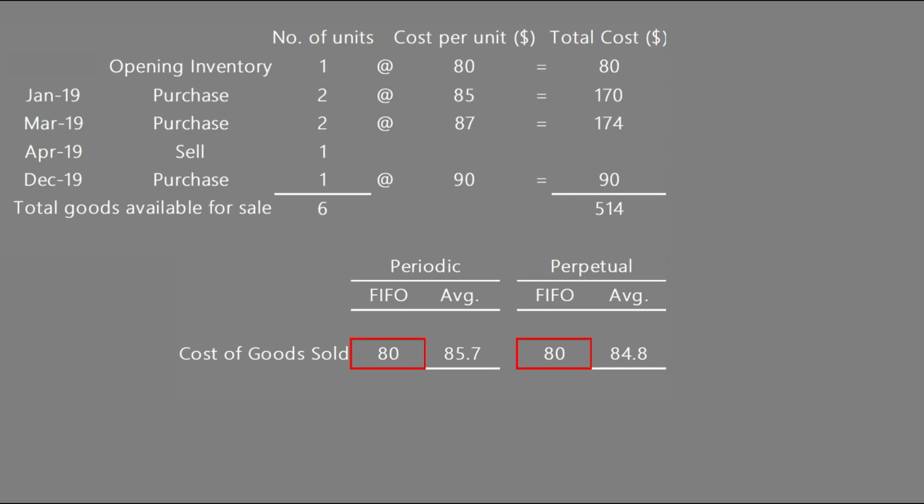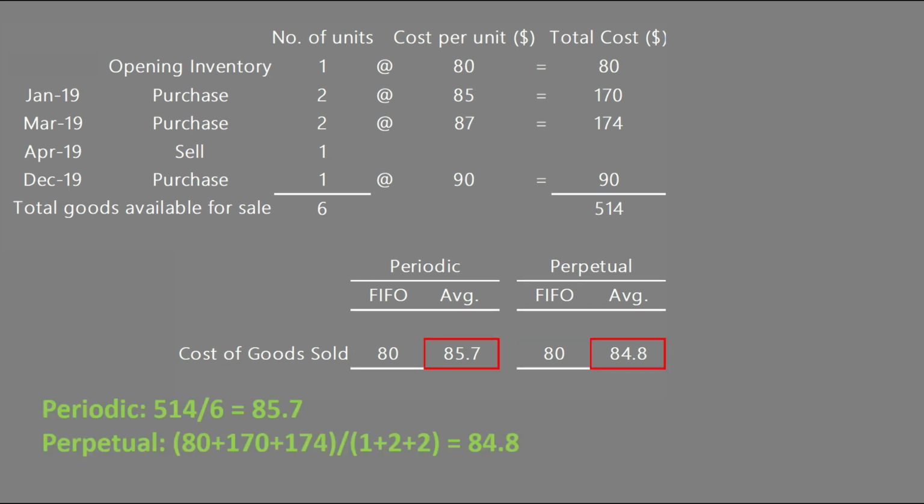However, since the weighted average cost is made at the time of purchase in perpetual system, therefore cost of goods sold could be different when using the average cost method. The periodic system would use the total cost divided by the total goods available for sale at the end of the accounting period, which gives us 85.7, but the perpetual system would calculate the average cost in April when the company sold the inventory to customer, which gives us 84.8.